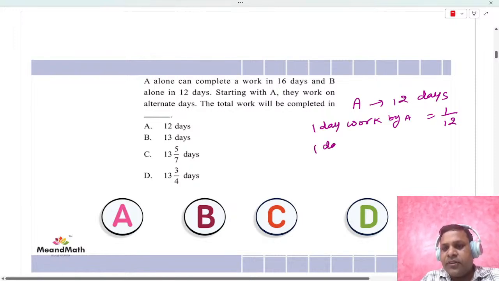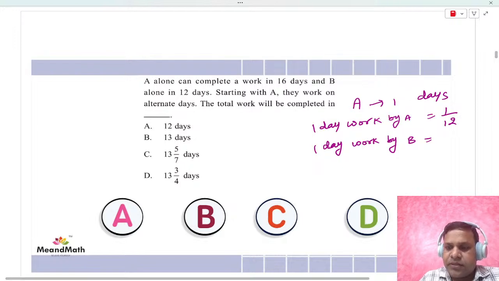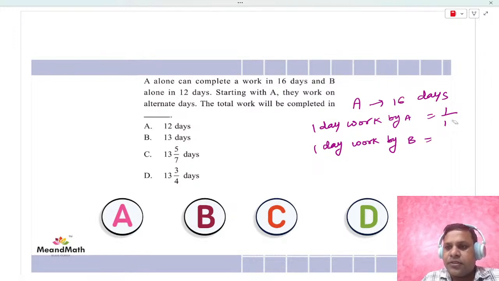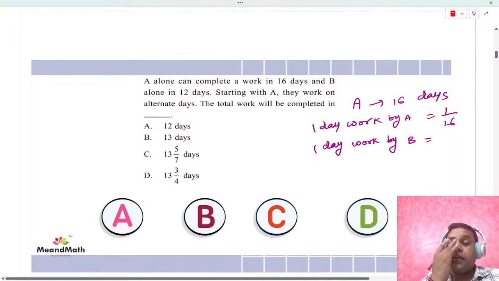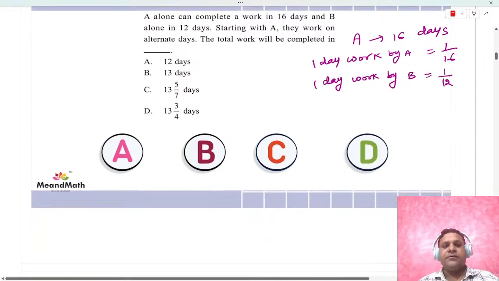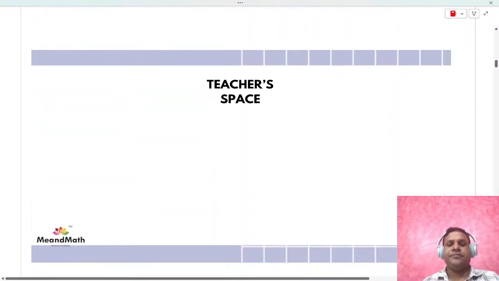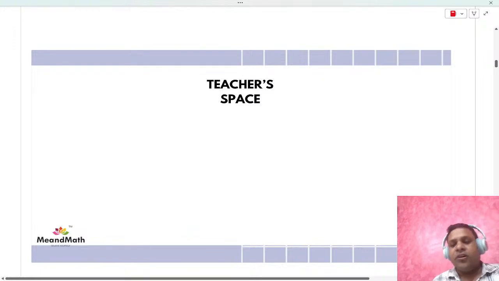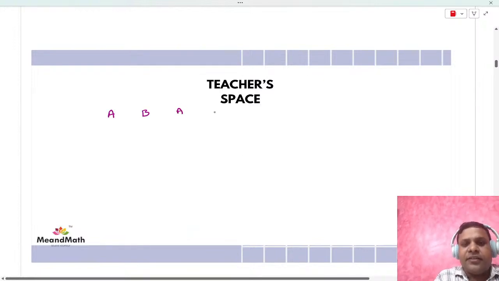Similarly, 1 day work by B: B completes in 12 days, so 1 day work is 1 upon 12. So now they are working on alternate days. First day A, then B, then A, then B.